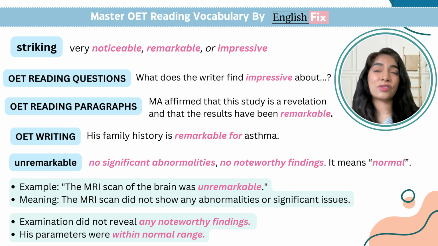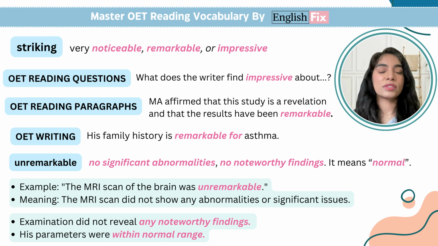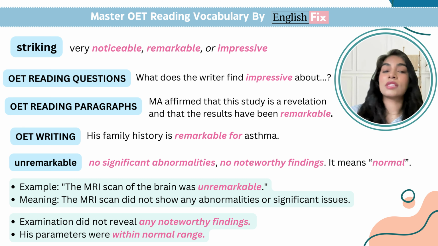The word striking or the word noticeable is going to help you indicate that this is the one thing that the researchers also found impressive, because it is the synonym for these words.